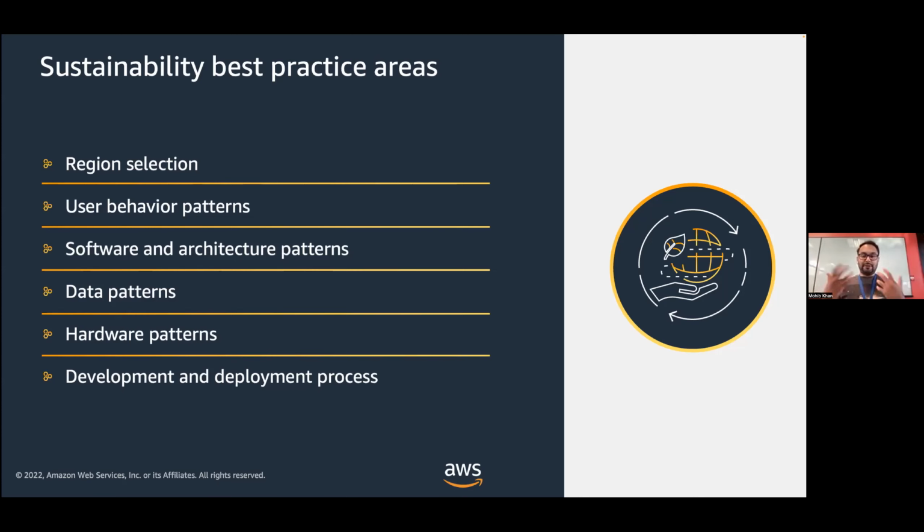I'm not talking about general waste. We are here talking about the waste of compute resources that are not used, and unnecessarily increase the carbon footprint, because of the energy generated in order to power the workload that you have designed.